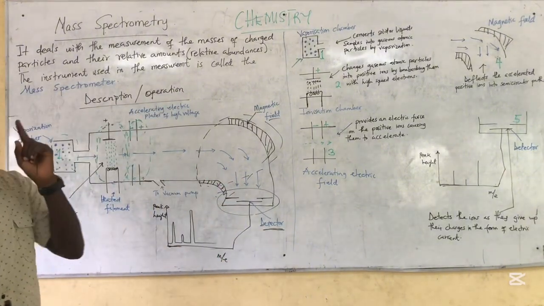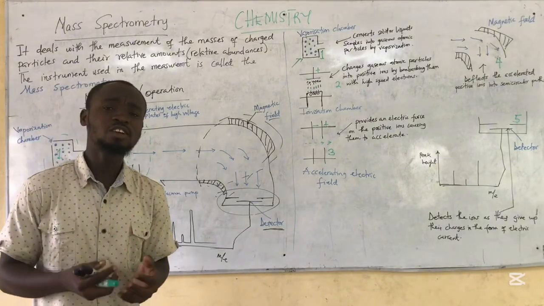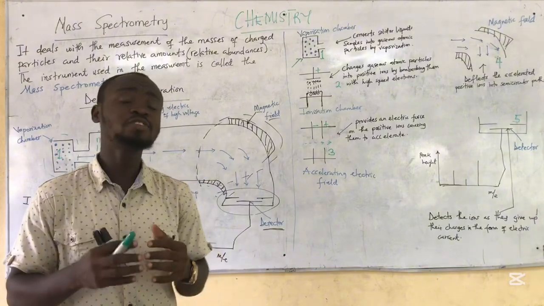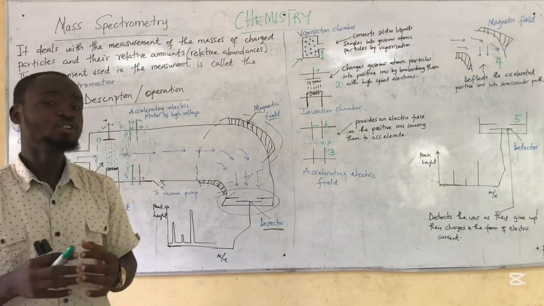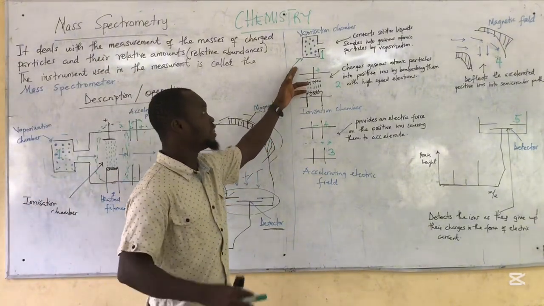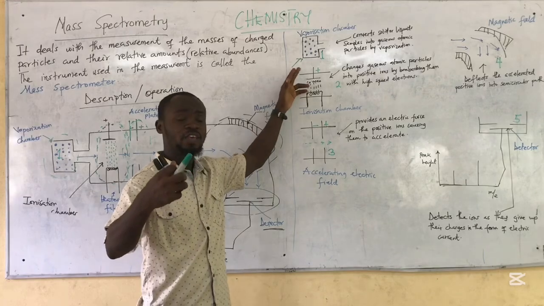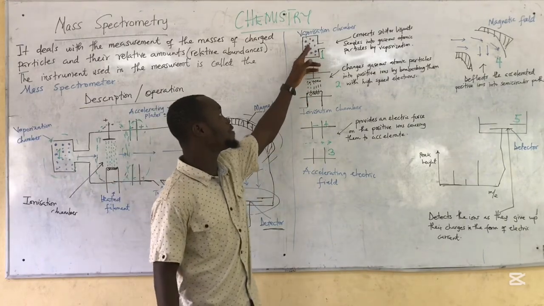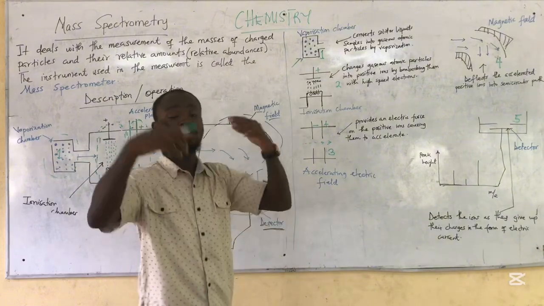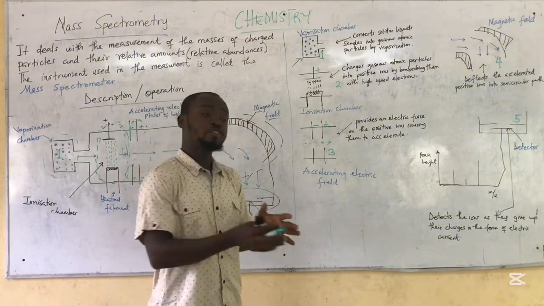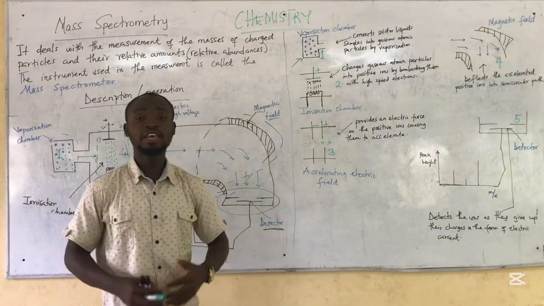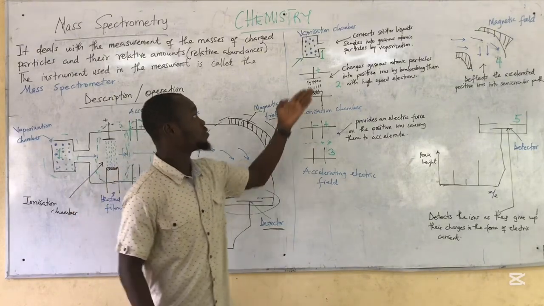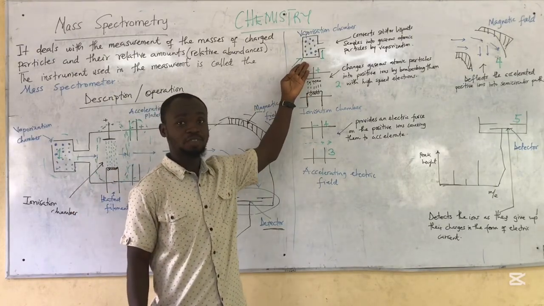So in the vaporization chamber, there is vaporization, done as a result of heating the sample into the gaseous atomic form. That is what happens in the vaporization chamber.